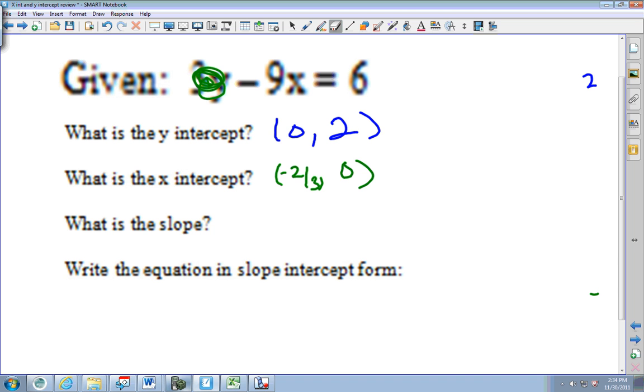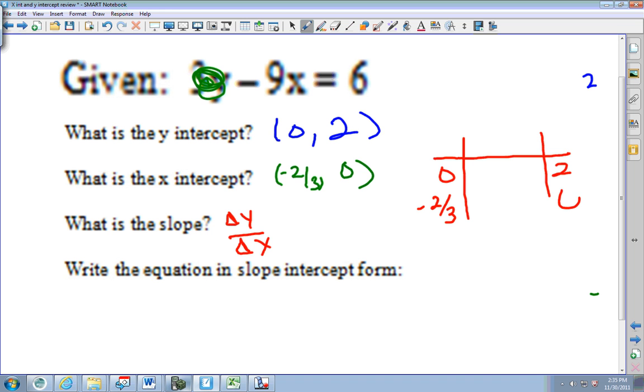Okay, so now to find my slope, it is delta y over delta x. Now, those are kind of tough to graph, so what I would do is make a table and do 0, 2, and negative 2/3 and 0. This isn't the nicest of ones, but that's okay.